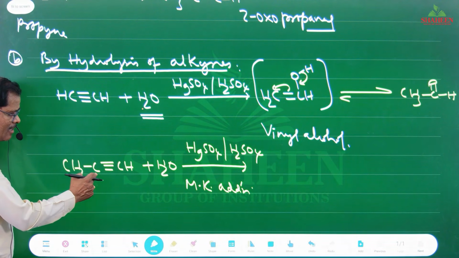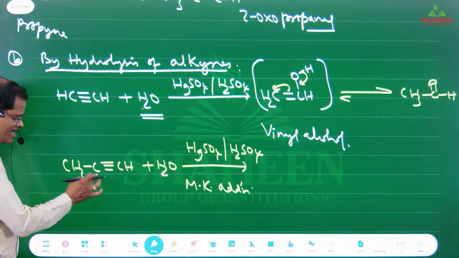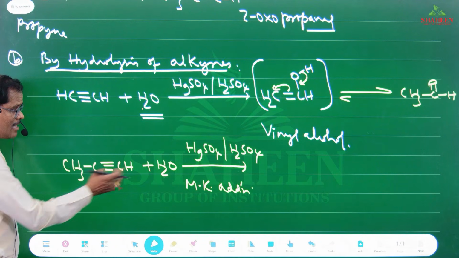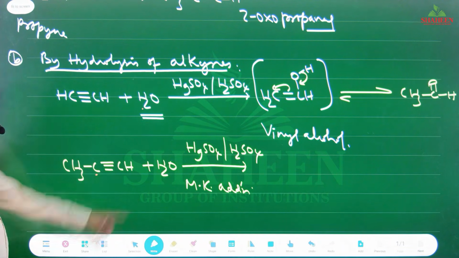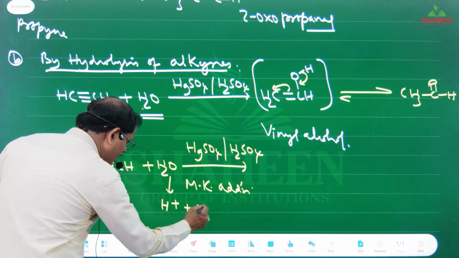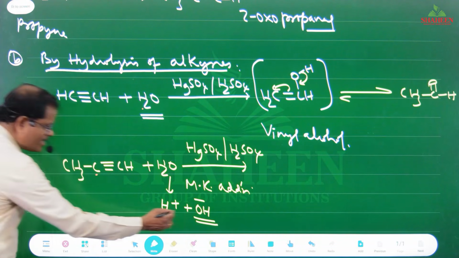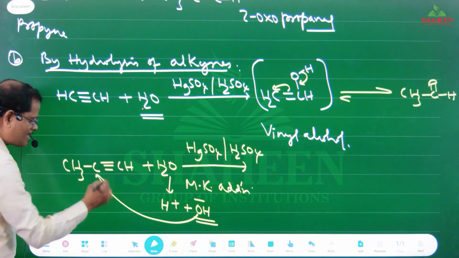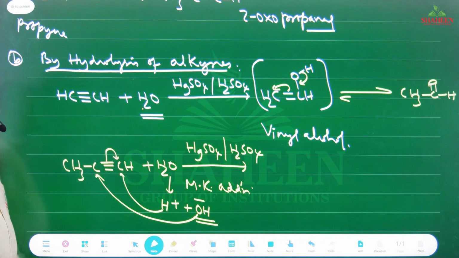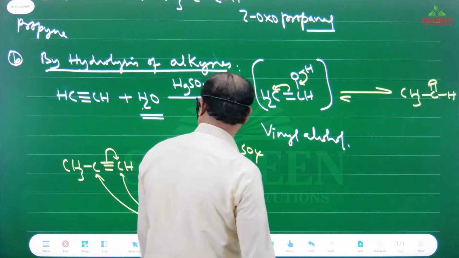Here hydrogen atoms are not available at the unsaturated center, so the carbon with fewer hydrogen atoms is added with the negative part. In water we have H plus and OH minus; the negative part is OH. OH is added with the carbon atom with fewer hydrogens, and H is added with the carbon atom with more hydrogen atoms. That is called the Markovnikov rule. Addition of water takes place by the Markovnikov rule.